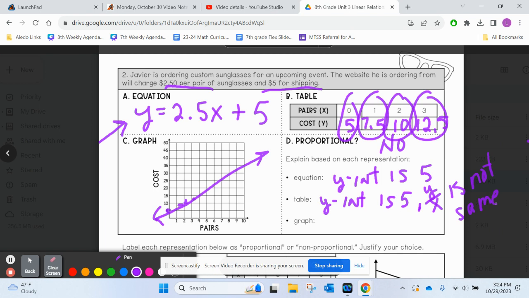Okay, and then for the graph, the graph is not going through the origin. Again, it comes back to that y-intercept, not going through the origin.